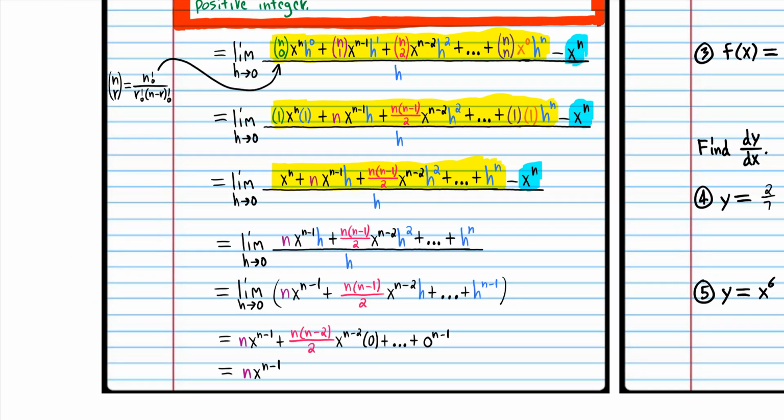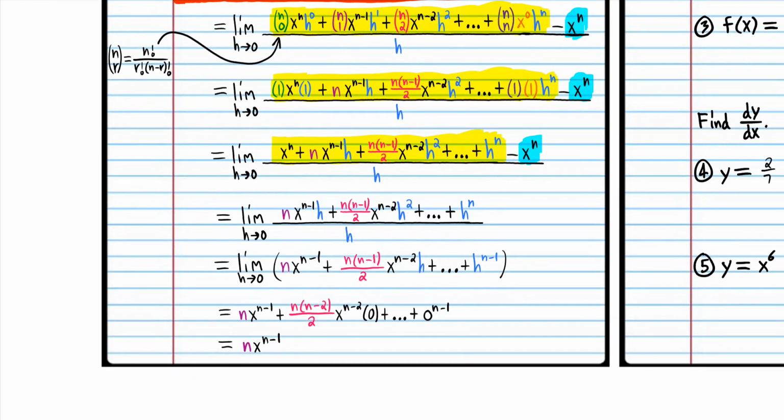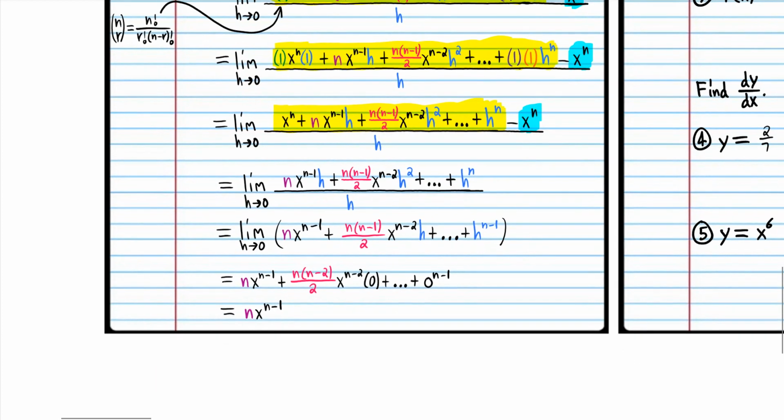So if you keep going, you see that these expressions cancel out, and then we divide by h, because at this point, if we plug in 0 for h, we still have 0 divided by 0. The h will cancel out in the first term, and these h's will be reduced by 1.